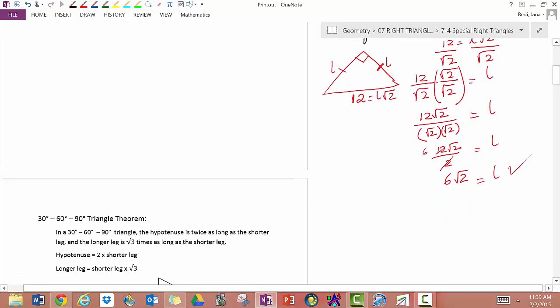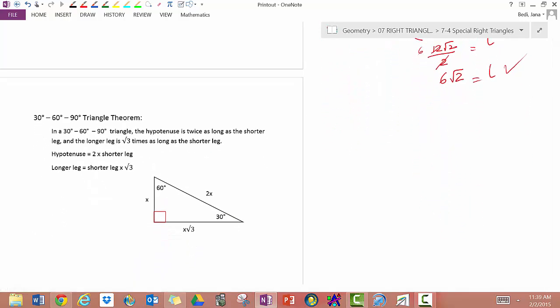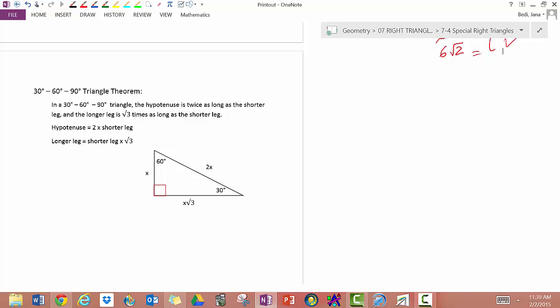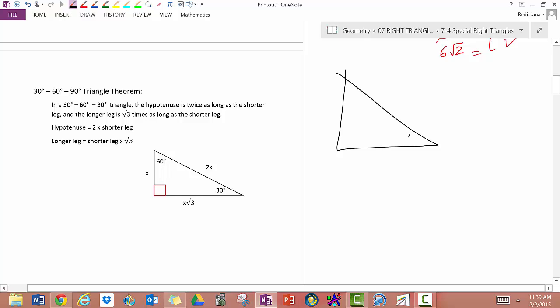The next special triangle we're going to look at is the 30, 60, 90 triangle. In a 30, 60, 90 triangle, life gets a little more interesting. I'm not going to prove this for you using the Pythagorean theorem, but you can use numbers to figure it out. The shortest side in a triangle is opposite the smallest angle.